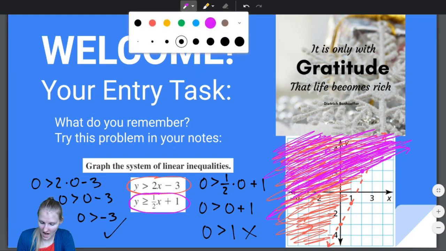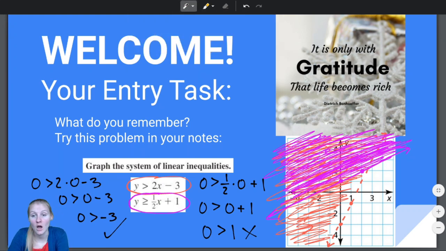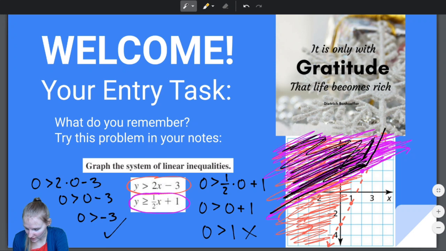All right, now, where is the overlap? Well, let's see. Everything above the purple line is good, and everything to the left of the red line is good. So, here is the intersection.